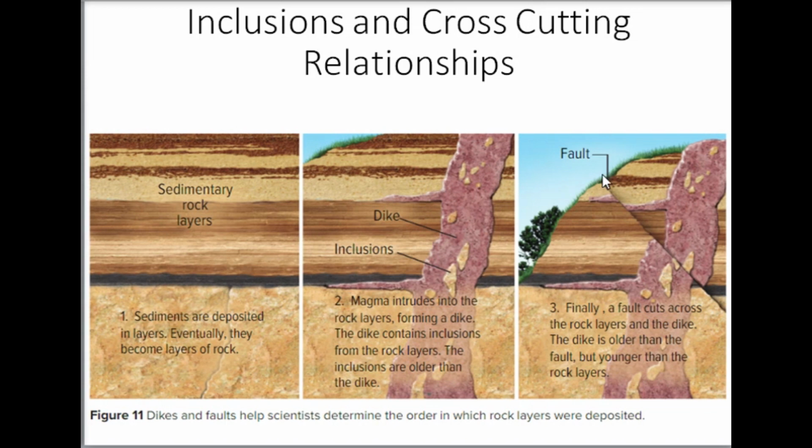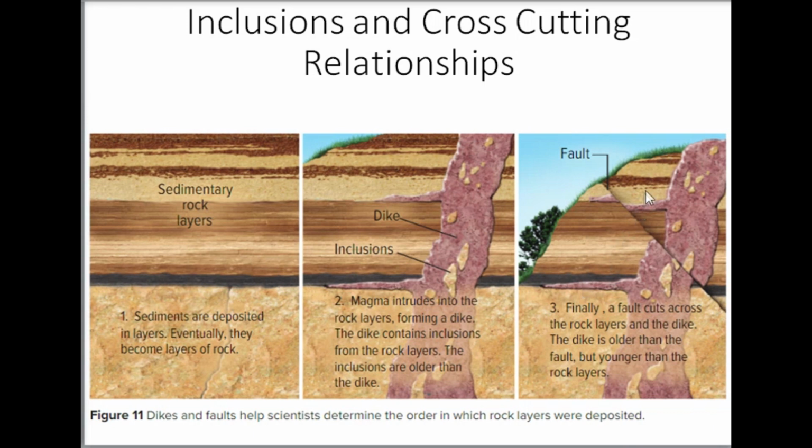We've got another cross-cutting relationship over here, and this is a fault. As you can see, it cuts across these layers of rock and also the dike, which means that this is younger than the dike. So in order of age, you've got the oldest down here, then it goes up and up and up.